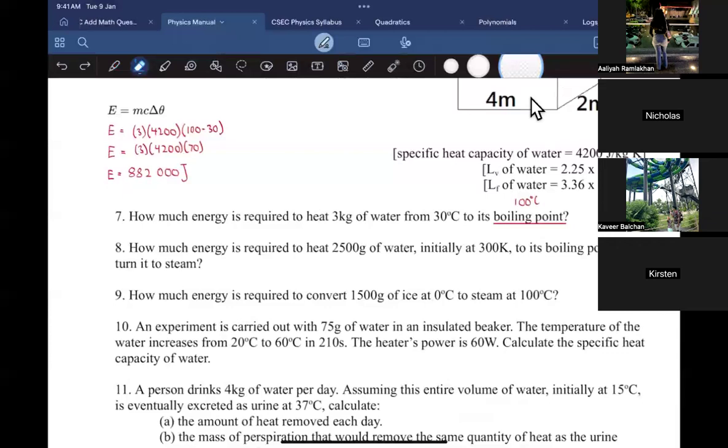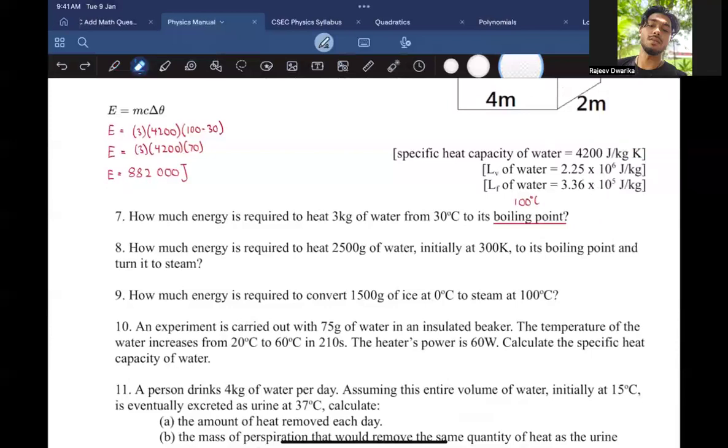Aliyah, someone. Finally, real rusty. How do we convert Celsius to Kelvin? You have to add 273. Yes. Right. So give question eight a try. Give it only 5 minutes.